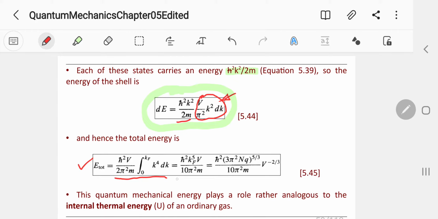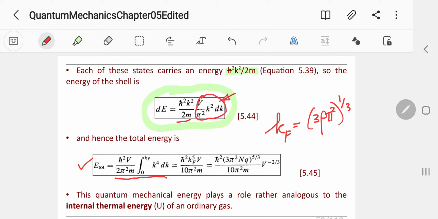So everything will be constant except for k, and then you will have of course h bar square times b over 2 pi square over m, and then you have here the kf, by the way, is equal to 3 rho pi square to the 1/3.